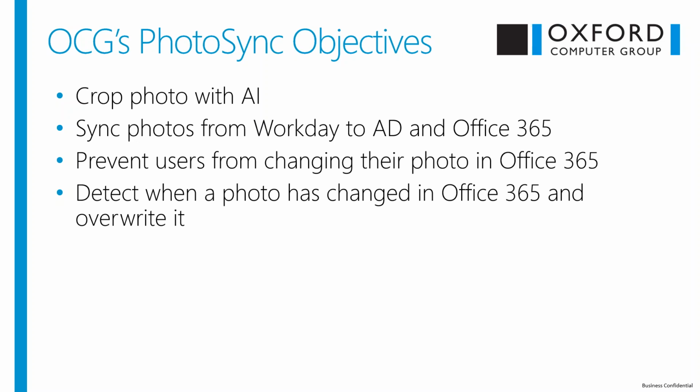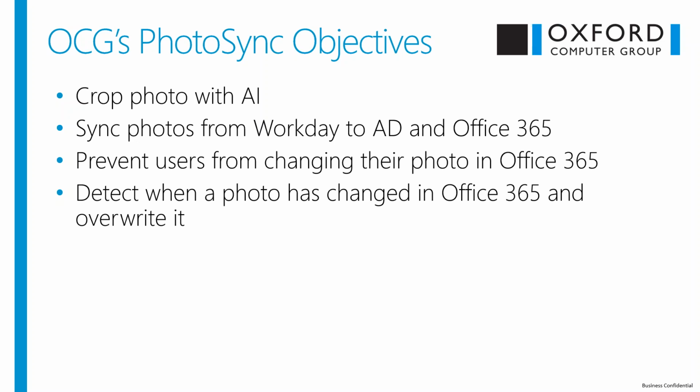So some of the requirements: we want to crop the photo. A lot of photos are taken in horizontal landscape, and as you saw from our photo requirements, we want a square photo. So we want to crop that photo, but we want to do it intelligently. I'm going to go into that in further detail on some later slides. Then we wanted to synchronize the photos from Workday to AD and Office 365.